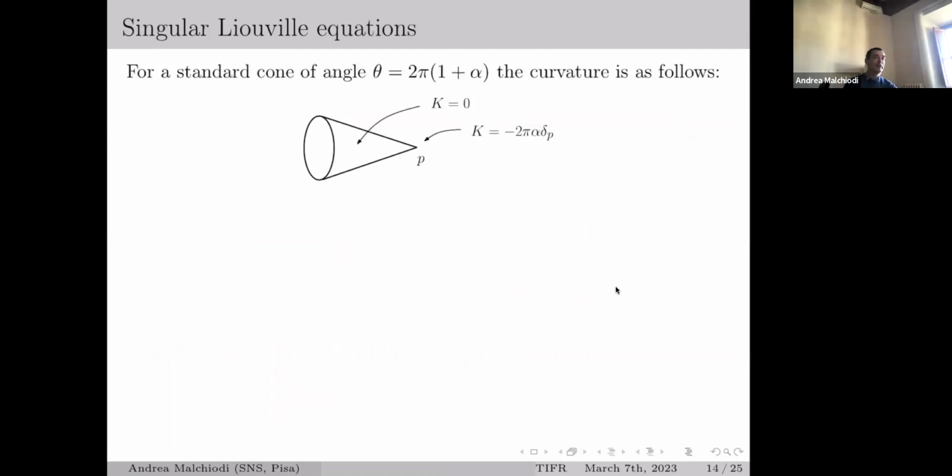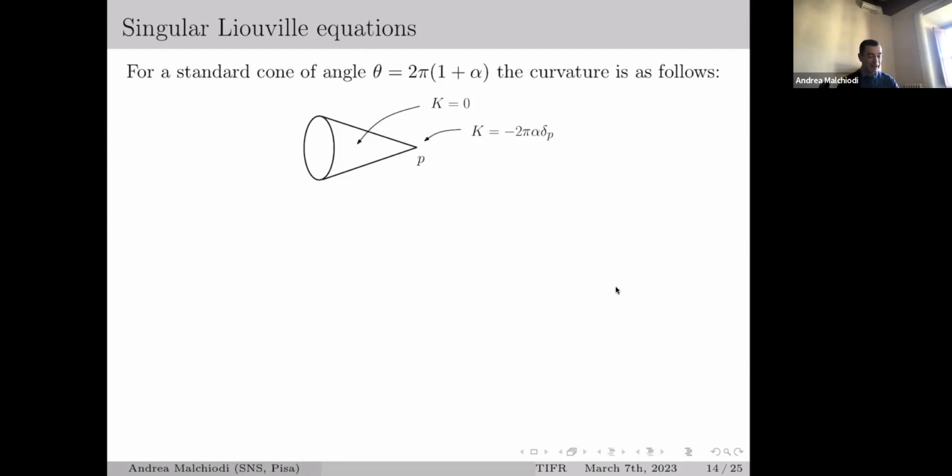So what kind of curvature do they carry in the distributional sense? Well, if you take a cone, the smooth part can be obtained just by folding a piece of paper. This is an isometry because I'm not creating wrinkles on the paper. So on the smooth part, the Gaussian curvature is 0, but at the tip, the Gaussian curvature is a measure exactly as before.